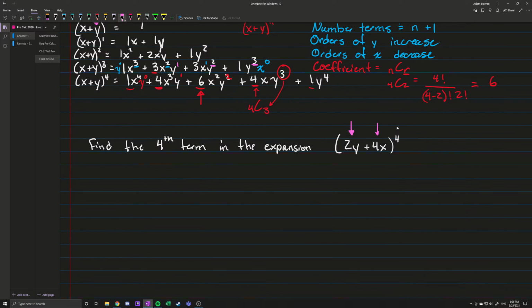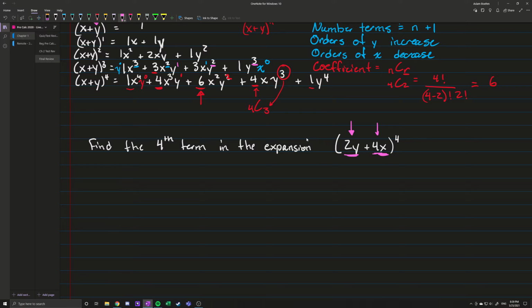Okay, so we want the fourth term in this expansion, all right? So our x term, this term right here, is going to have an exponent of 1, and our y term, the second position, is going to have an exponent of 3, because again, our first term is 0, right?